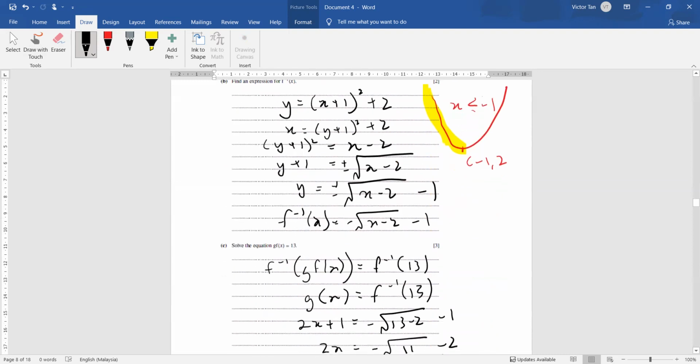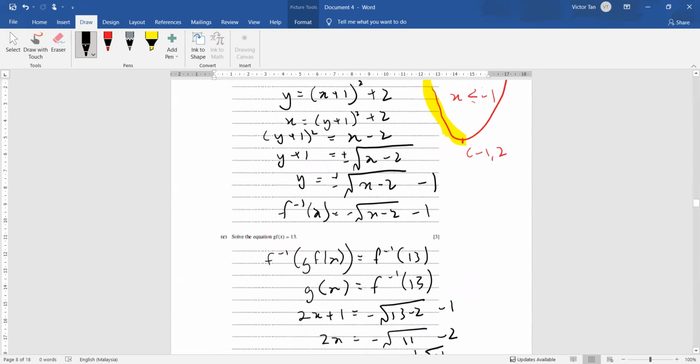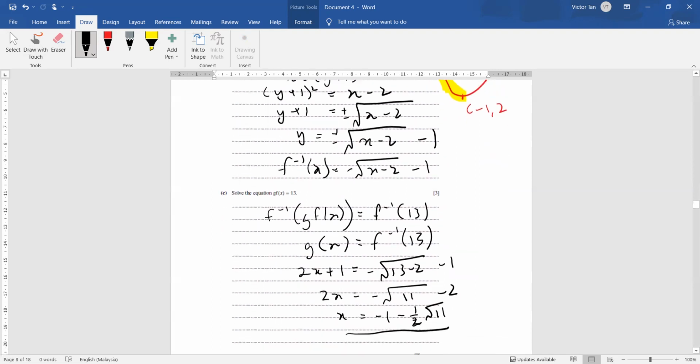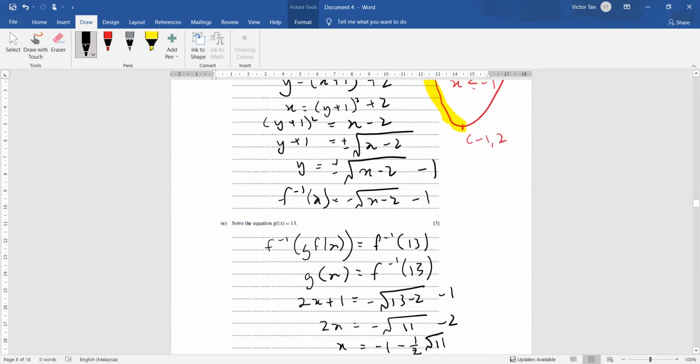X plus 1 squared is minus 2 and then minus 1.